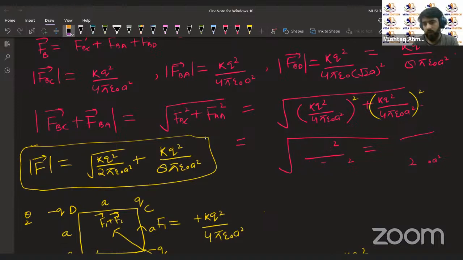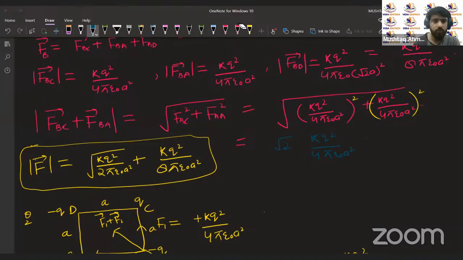So the net force we'll be getting here will be under root of root 2 times KQ square upon 4 pi epsilon naught A square, and we'll add here root 2 times KQ square upon 4 pi epsilon naught A square.